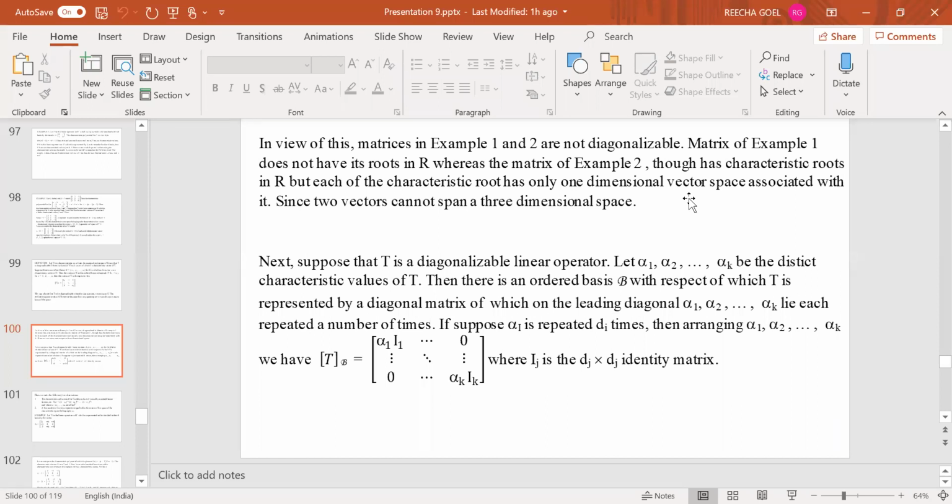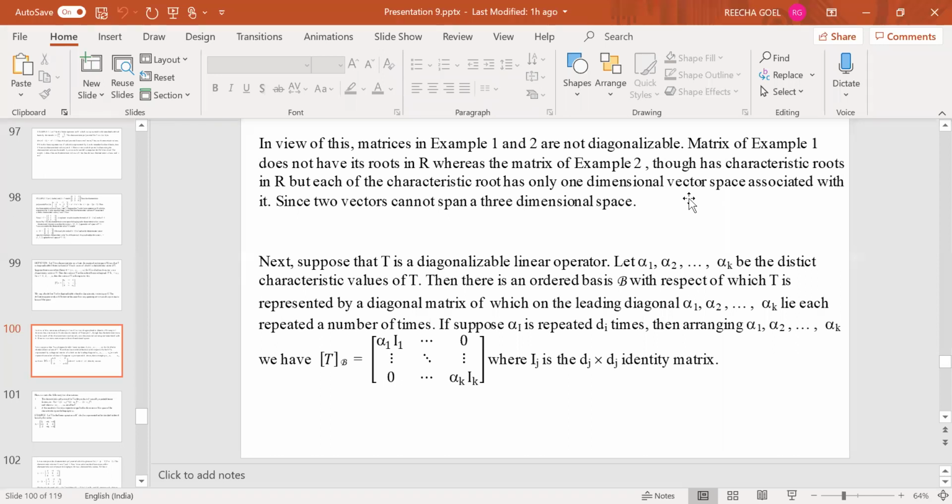They may be less than n. Then there exists an ordered base B with respect to which T is represented by a diagonal matrix.